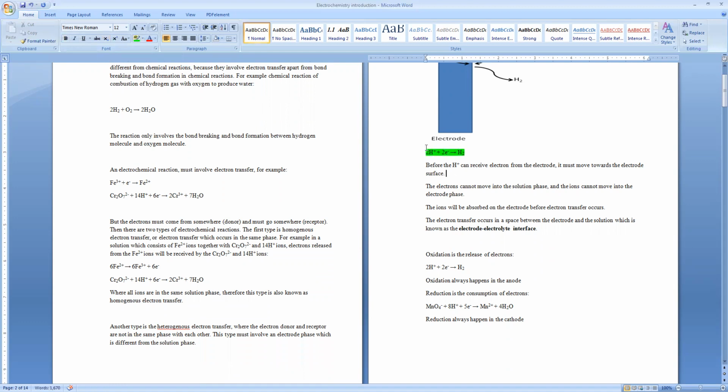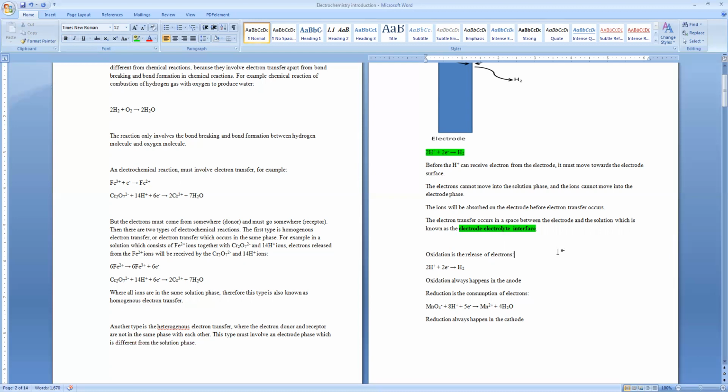This type of electron transfer occurs between the electrode and the electrolyte, or the solution. The electron transfer happens in what is known as the electrode-electrolyte interface. So heterogeneous electron transfer reaction is to do with the interfacial electron transfer, which occurs between the electrode and the electrolyte.